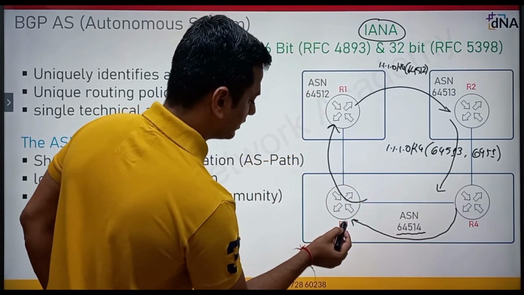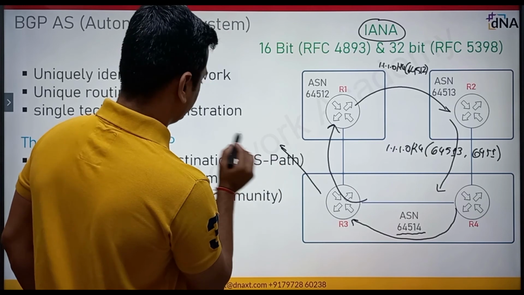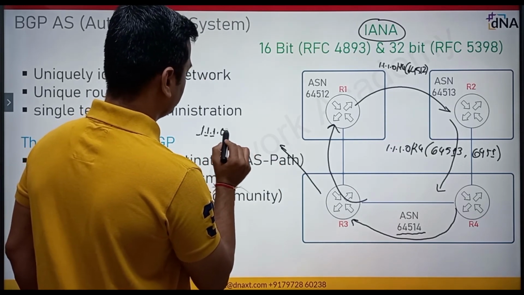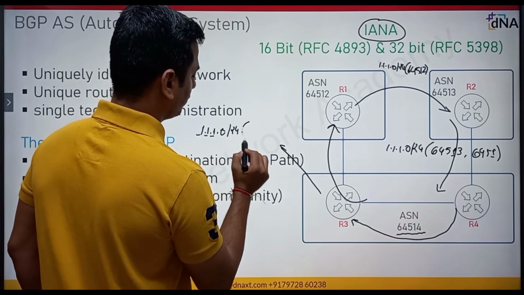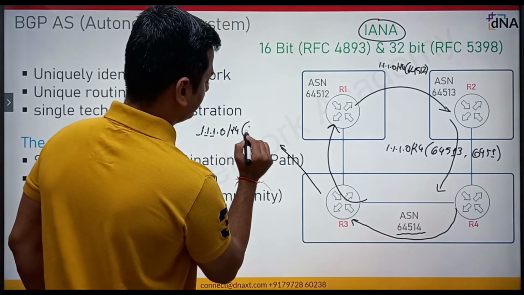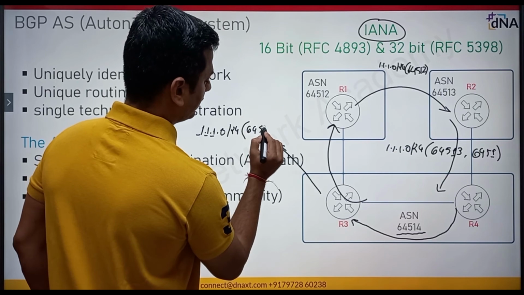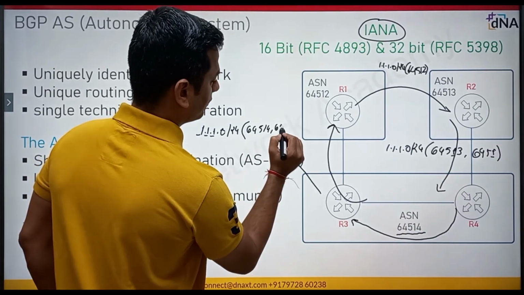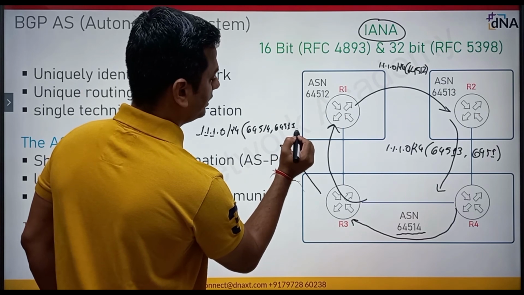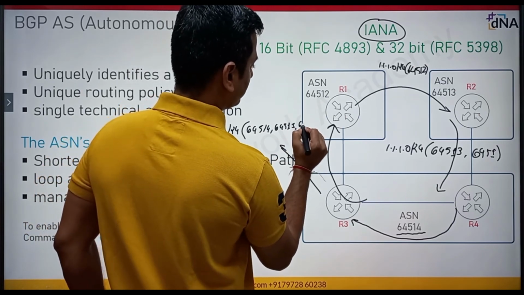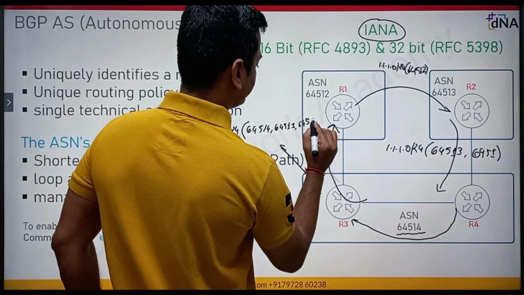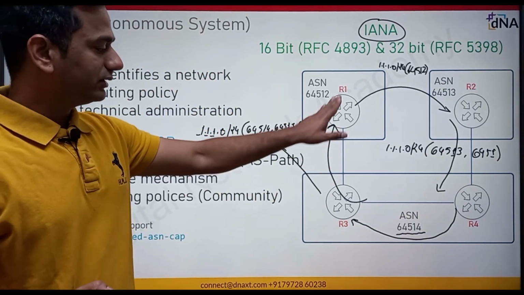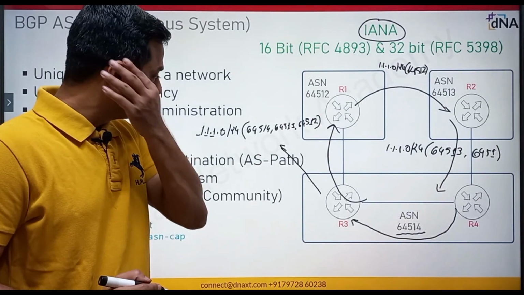So when R3 sends the route, it will look like 1.1.1.0/24. First, this AS appended: 64514, then 64513 and 64512. So this is how R1 receives the route from R3.